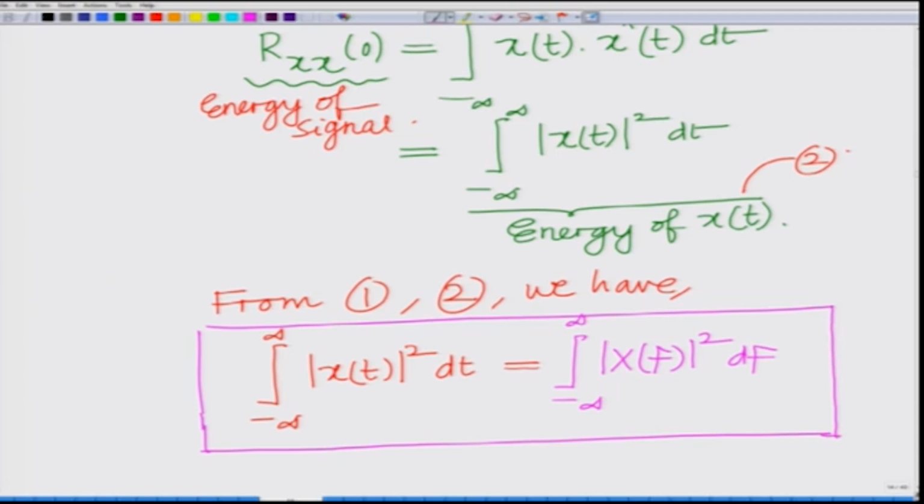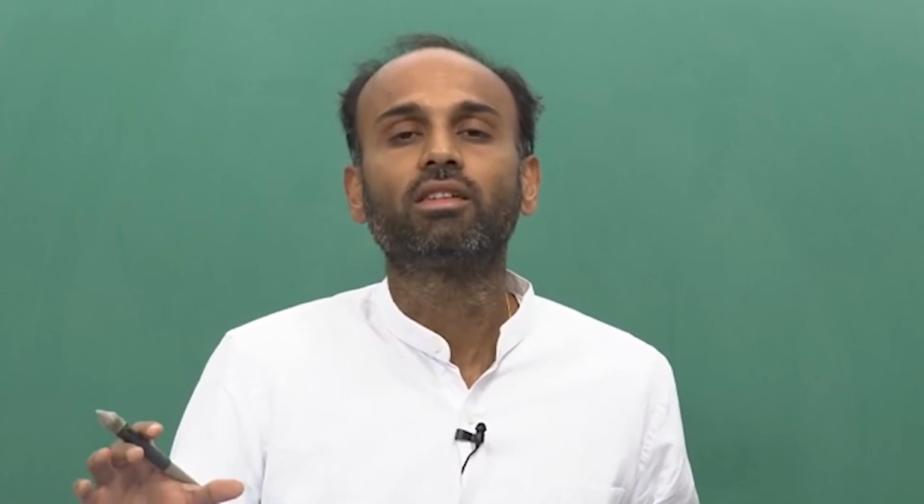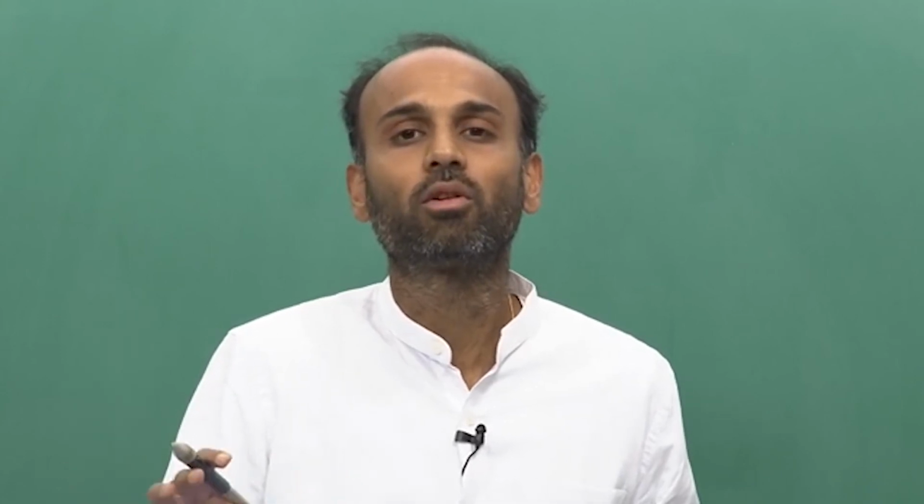That is, if you take the total energy in the time domain, that is integral minus infinity to infinity magnitude x t square dt, that is basically equal to integral minus infinity to infinity magnitude x f square df, that is the total energy of the spectrum. The total energy of the time domain signal is equal to the total energy in the frequency domain.